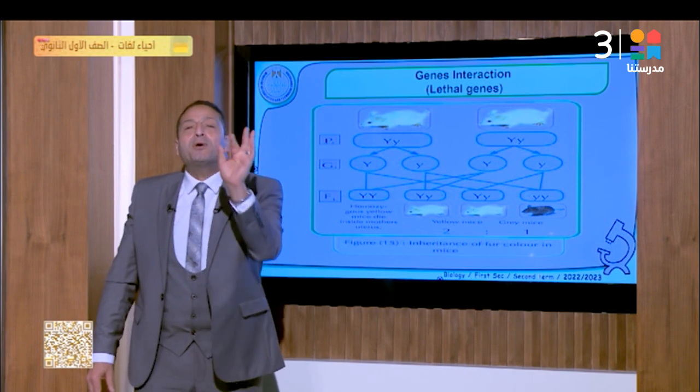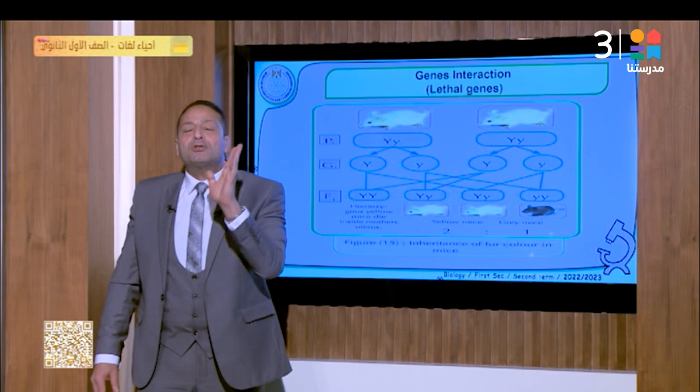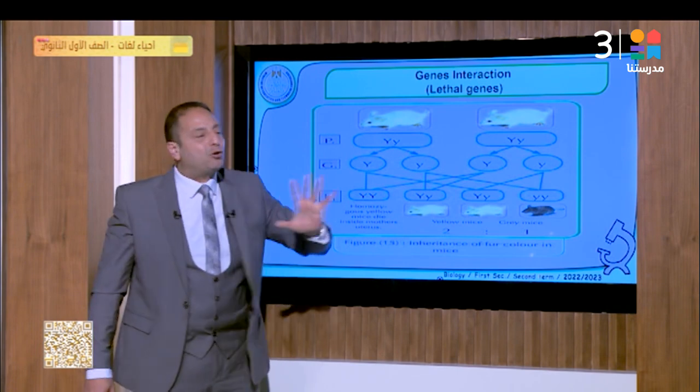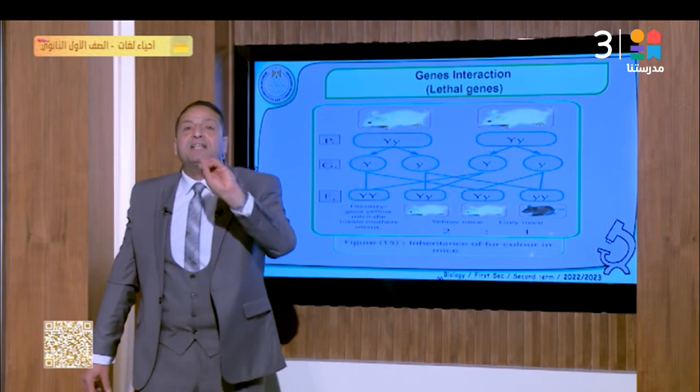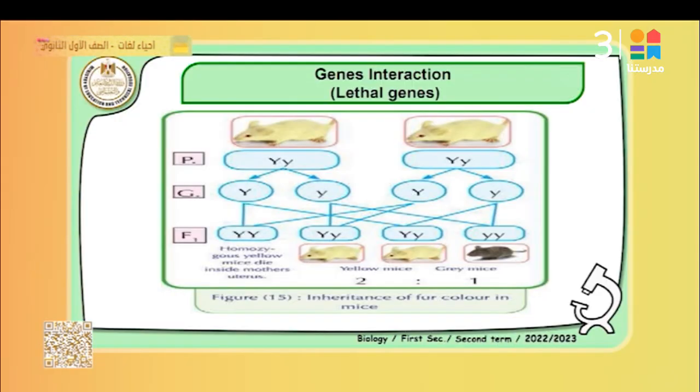Why? Because the recessive is death, so only one phenotype is found. So the ratio between the phenotypes in the dominant lethal genes and the recessive lethal genes is 2 to 1. 2 phenotypes, 1 phenotype found in the recessive lethal gene.